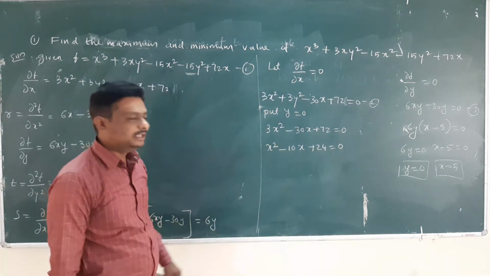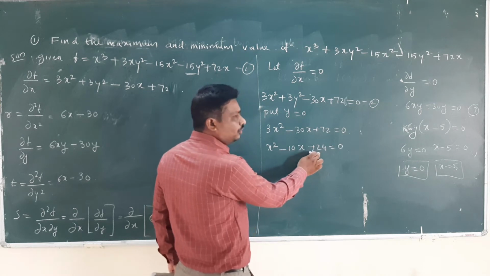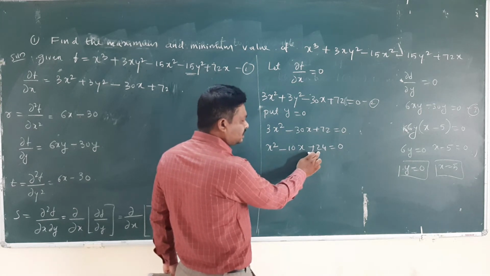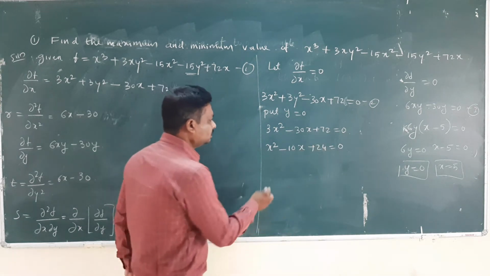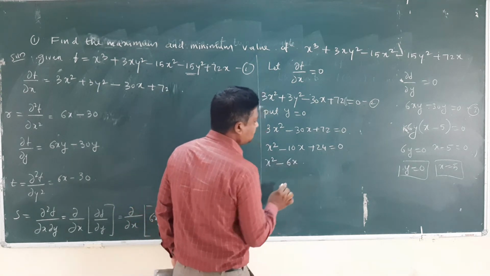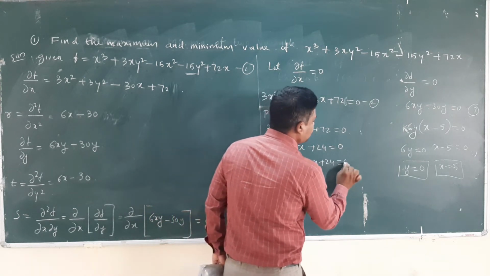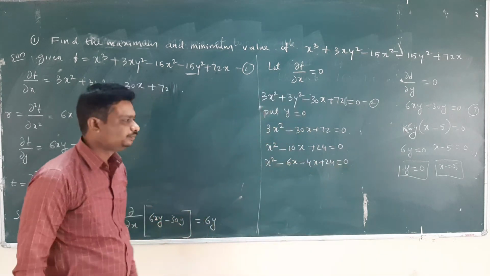Now I will find the factors. 24, 8 into 3, 6 into 4 is 24. So now x² - 6x - 4x + 24 equal to 0.